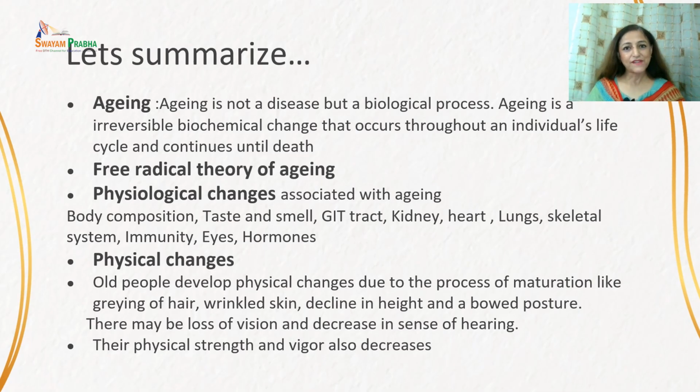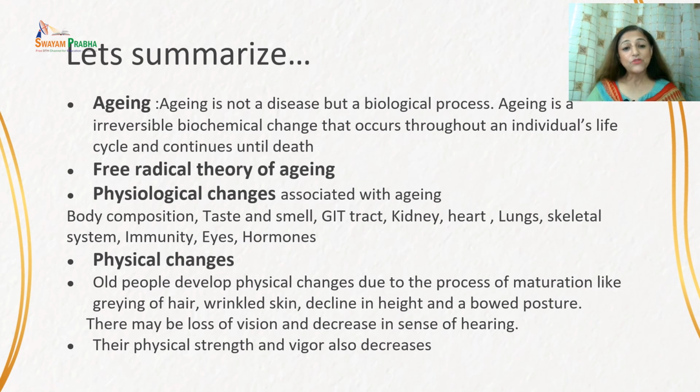Let's summarize what we have studied in this lecture. We have studied about the aging process, and that aging is not a disease, but a biological process. Aging is an irreversible biochemical change that occurs throughout an individual's life, and it continues until the death of the person.